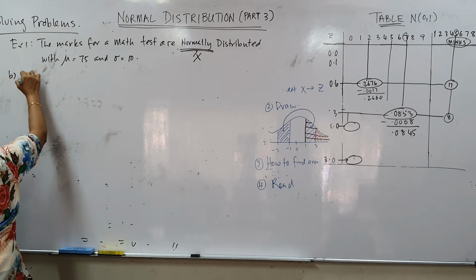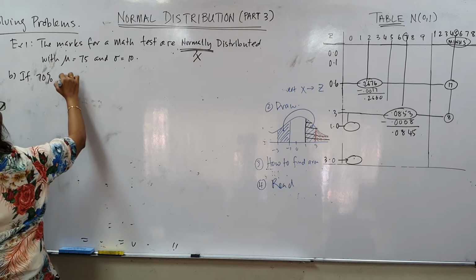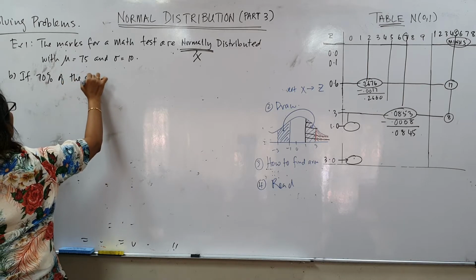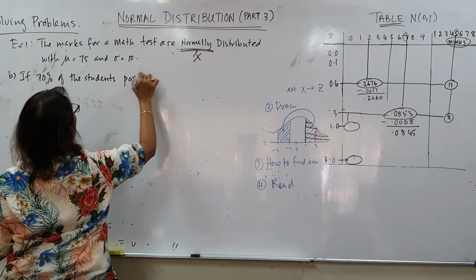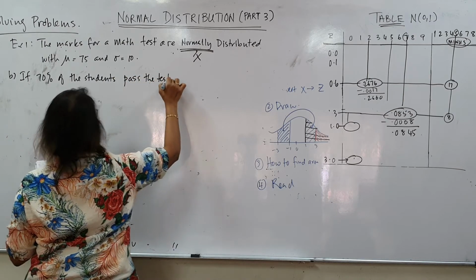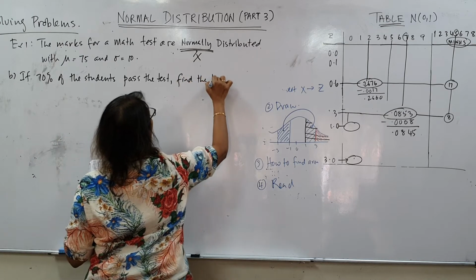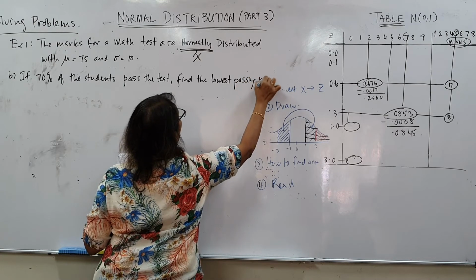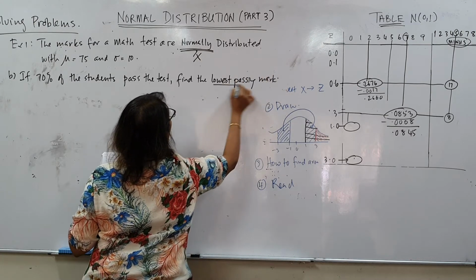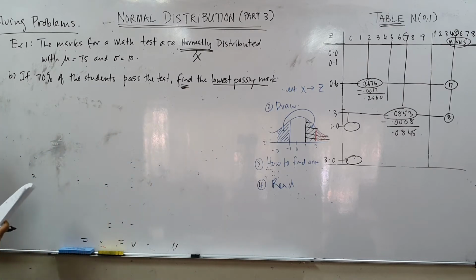Question says if 70% of the students pass the test, find the lowest passing mark.